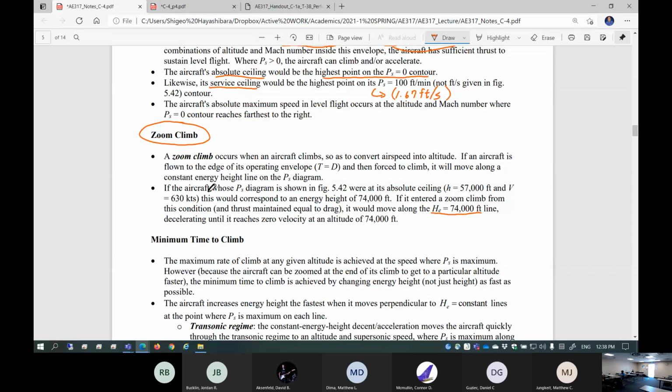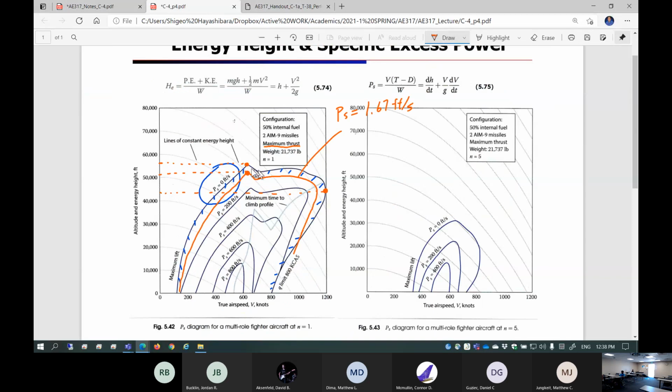If the aircraft whose PS diagram is here, its absolute ceiling point is right here. Okay, so the question is, can you still climb up beyond that point? Yes, you can. How much? You're going to start doing zoom climb. You give up your kinetic energy and gain more altitude, but as you reach that maximum altitude, you have 0 velocity. How do you read it out? You're going to follow along this line.